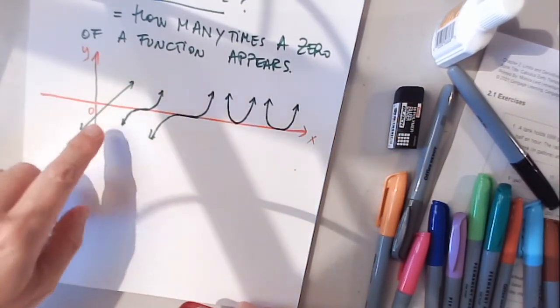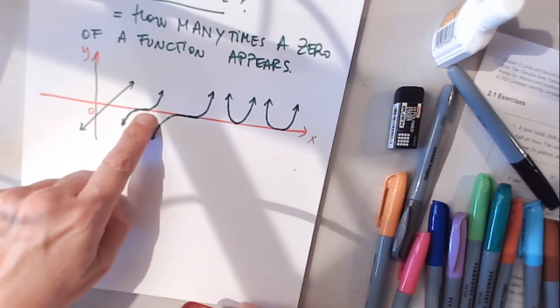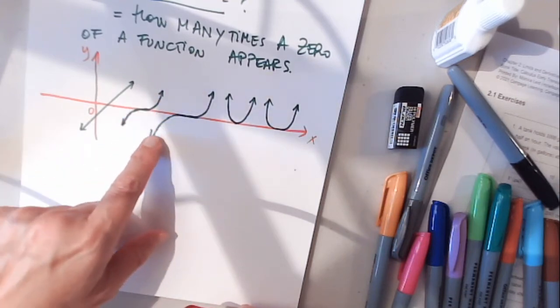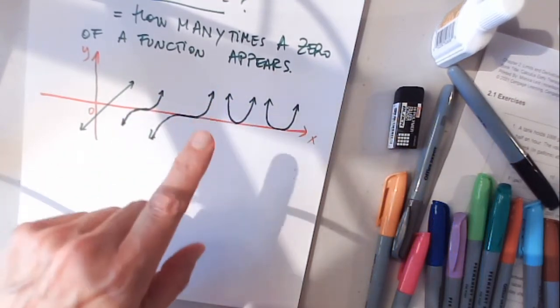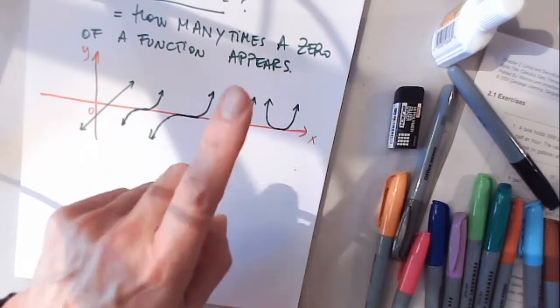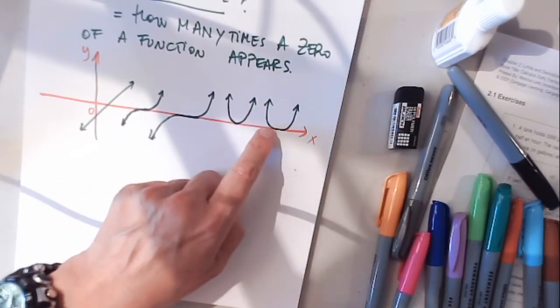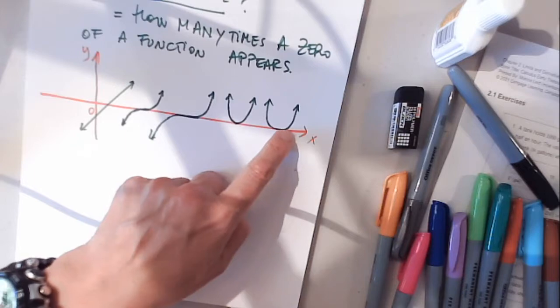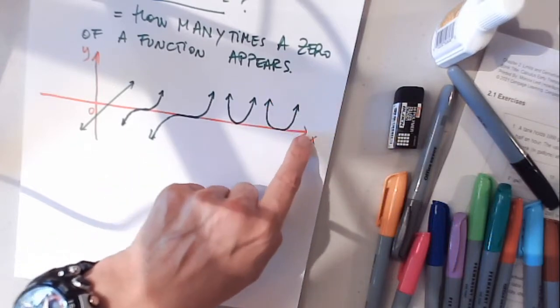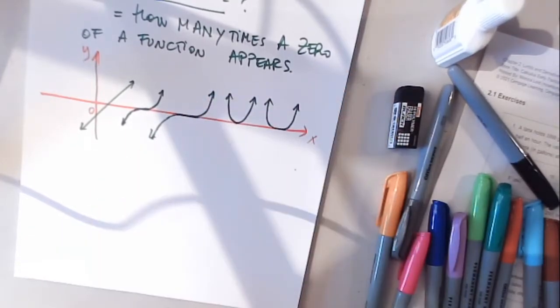A cross, a slow cross, a very slow cross, a turn, a slower turn. And I can graph one that is even slower. But they must be different.